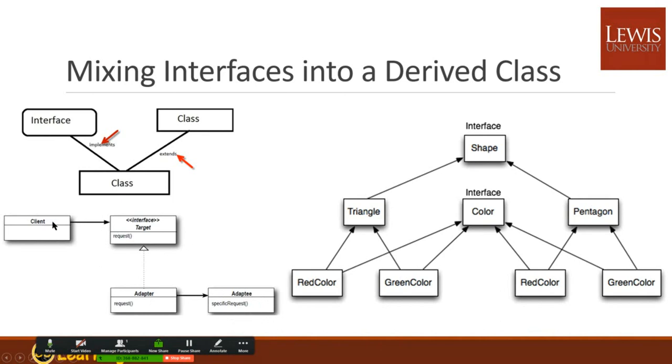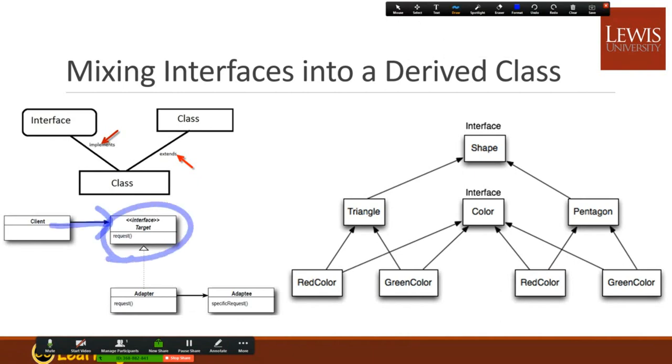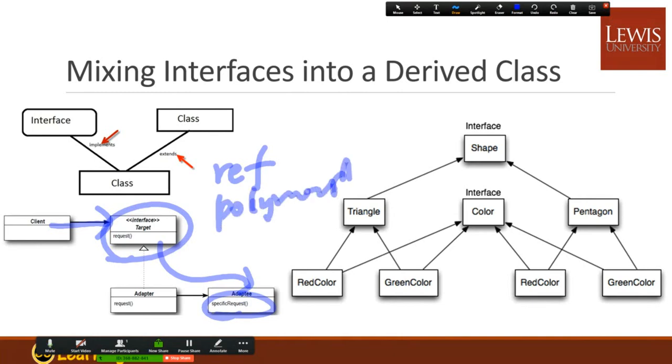A client function uses this interface, and this interface is an interface reference. Because of the polymorphic method, it will get the right method to run by polymorphism. Doing that, you adapt to certain features.